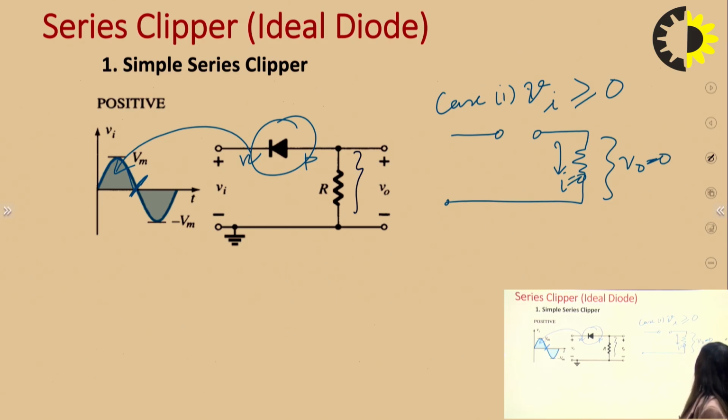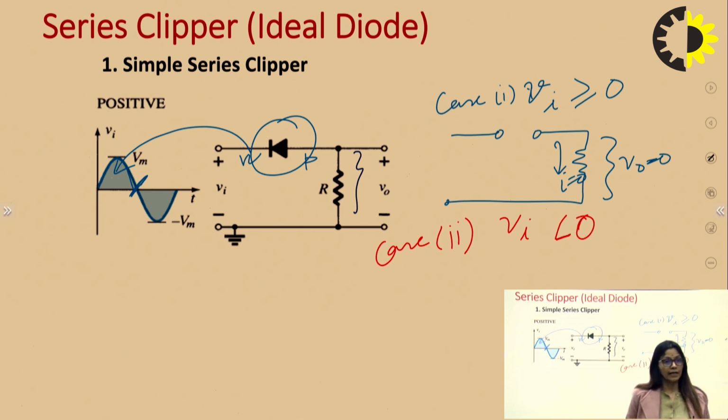Similarly, when the negative waveform is there, in case 2, Vi is less than 0. Now the diode is ideal and is working in the forward biasing condition, and it has been shorted.